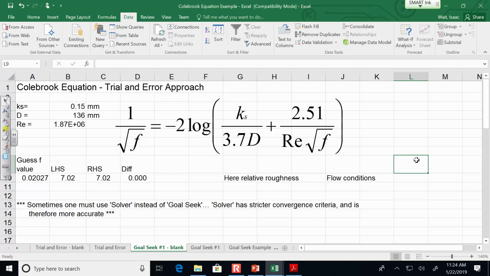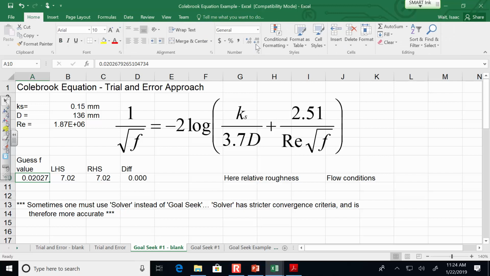I think that we don't usually bother reporting f value to any more precision than, no, that's too much. So let's see, 10th, 100th, 1000th, 10,000th. So this is plenty accurate.